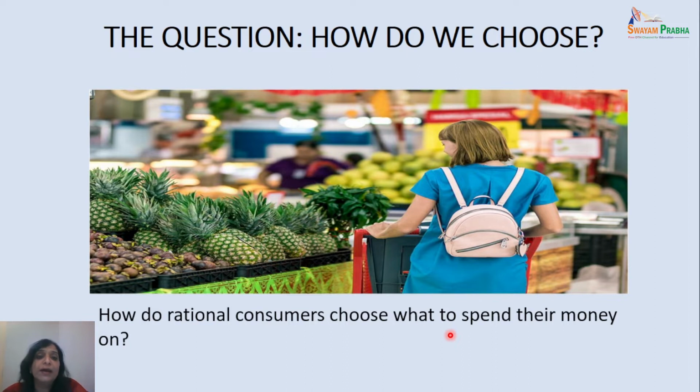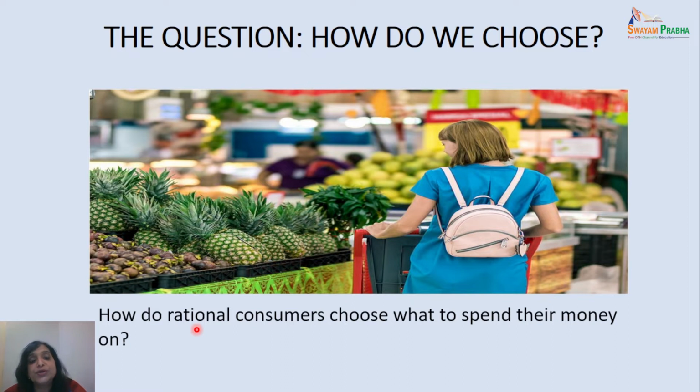What should I buy? How much should I buy? This is the most important question which comes to mind if we think from an economist's point of view, or even from the point of view of business, as to how people make choices between various types of goods so that they maximize their satisfaction, because we are talking about consumers being rational.